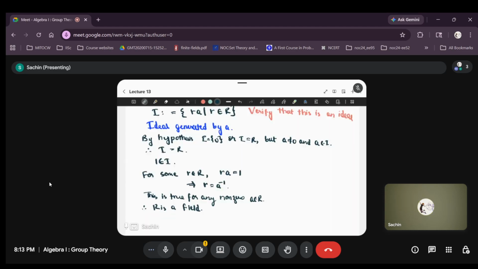Right? So the kernel cannot be the entire field. So the kernel has to be the zero ideal. And we saw in the previous example that if the kernel is the zero ideal, then phi must be injective. So if we had a ring homomorphism from a field to a ring, then it must be injective.